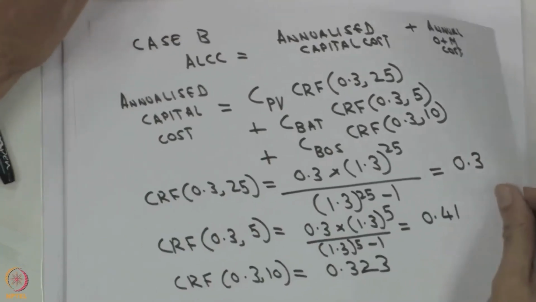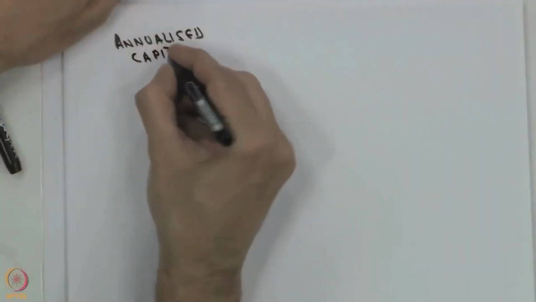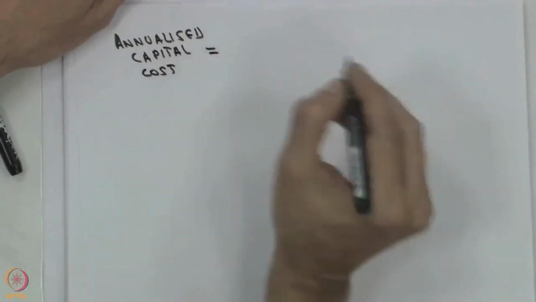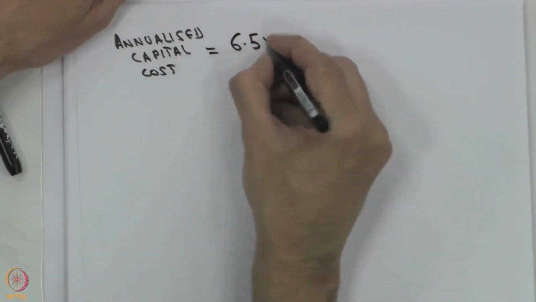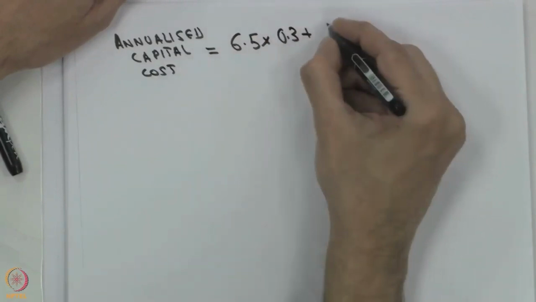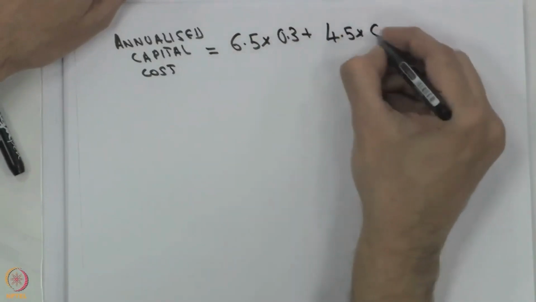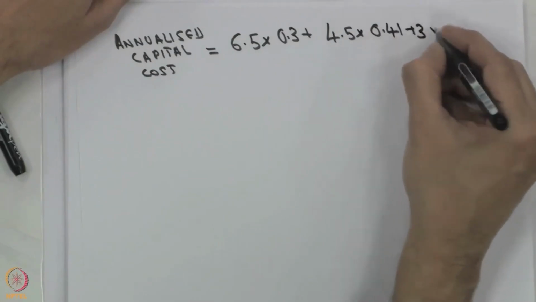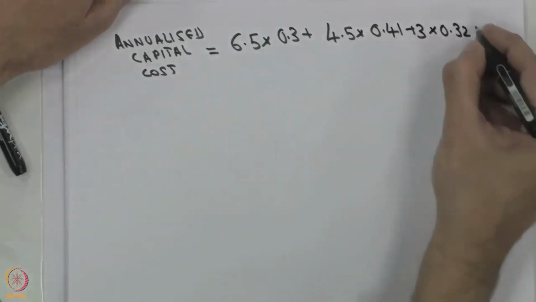Now, let us use these and plug in the values to get the final value of the annualized capital cost. So, the annualized capital cost is going to be, we could calculate this in lakhs, 6.5 lakhs into 0.3 plus 4.5 lakhs into 0.41 plus 3 lakhs into 0.323.